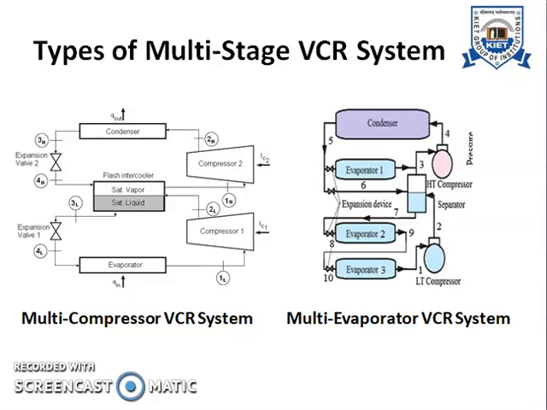So this is a two-stage vapor compression refrigeration system. On the right hand side, we have evaporator 1, evaporator 2, evaporator 3, that is, more than one evaporator. So that's why this system is called a multi-evaporator refrigeration system.